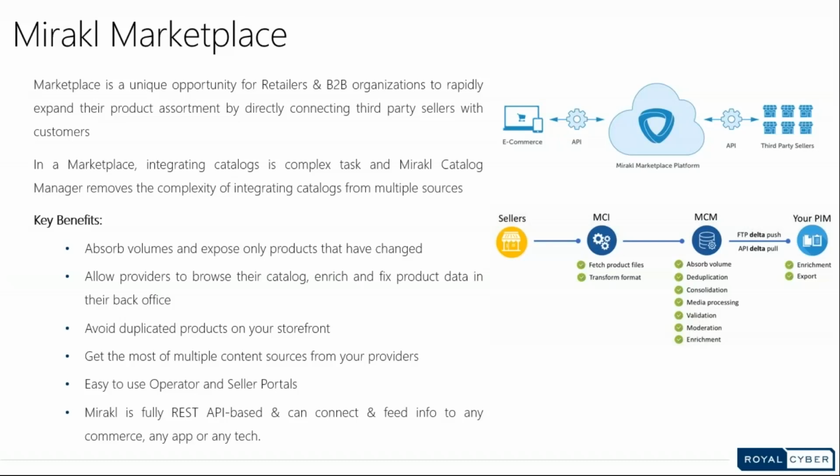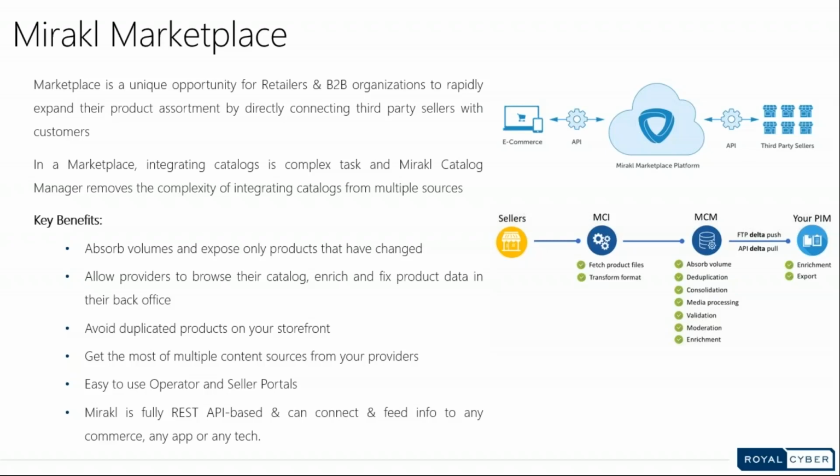Key benefits of marketplace integration are to absorb volumes, expose only products that have changed, and avoid duplicated products on your storefront. Also get content from multiple sources from your providers, with easy operator and seller portals. Also, Mirakl provides REST API based connections to feed into Mirakl from any commerce or any other applications and technologies.